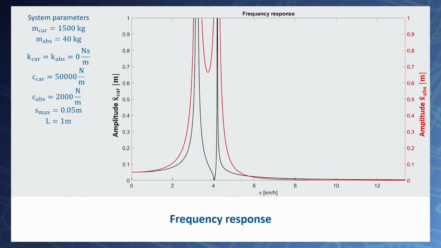And now you can see that we can plot, first of all, the amplitude of the car body, which is the black line. And interestingly, you see that this is exactly the absorption point we were discussing previously. And since we are talking about a 2 degree of freedom system, both coordinates, the amplitude of the car body and the amplitude of the absorber, have resonance 2 times. Here's a resonance and here's a resonance.